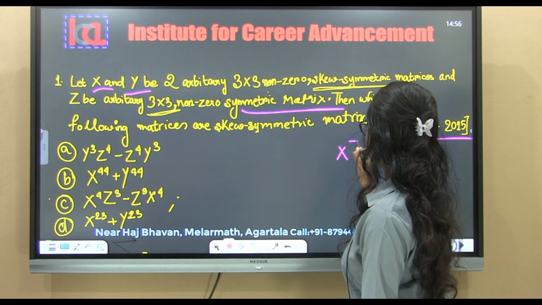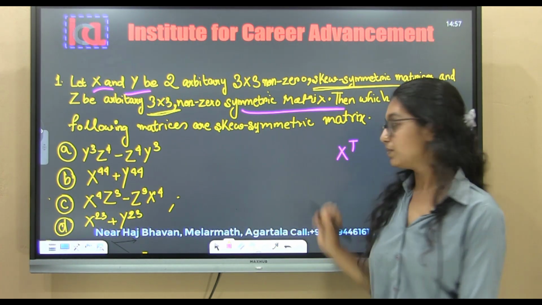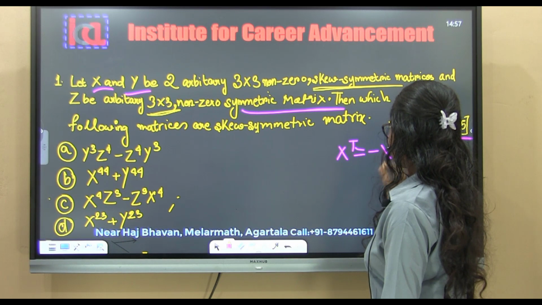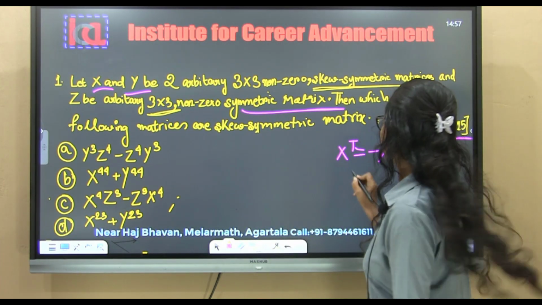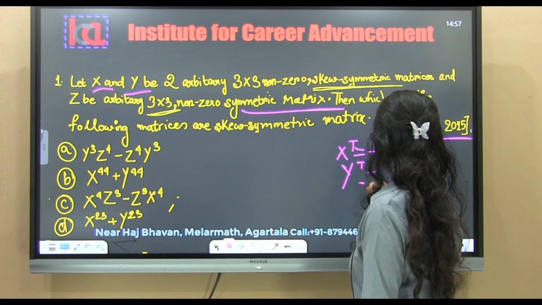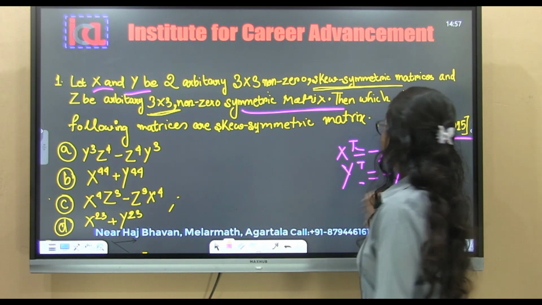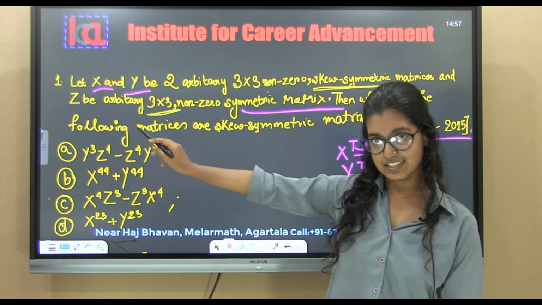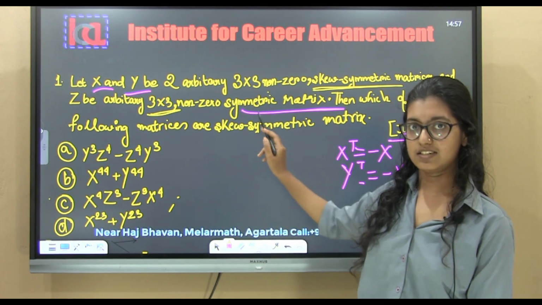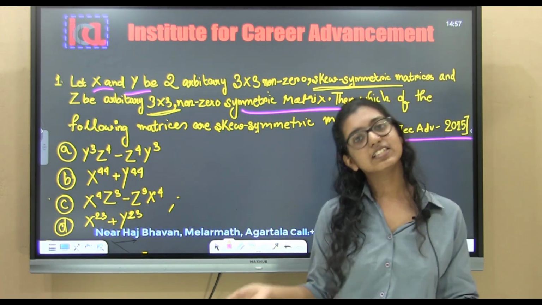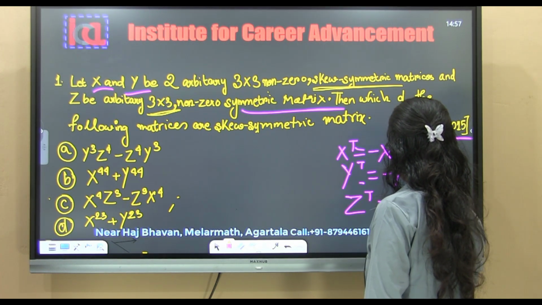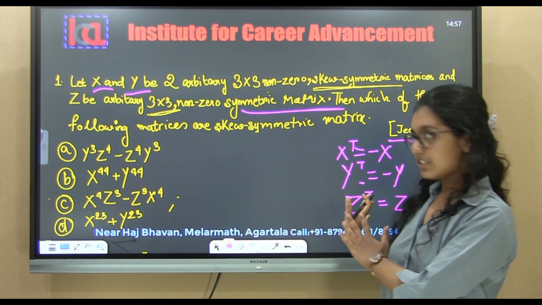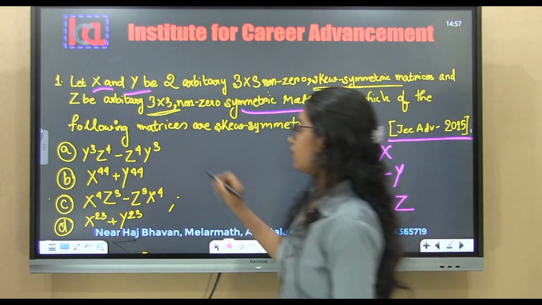So X transpose will be equal to minus X. Similarly, Y transpose will be equal to minus Y. Now Z is referred to as a symmetric matrix. That means Z transpose will be equal to Z. Okay. So with these three, we will directly jump to solve.